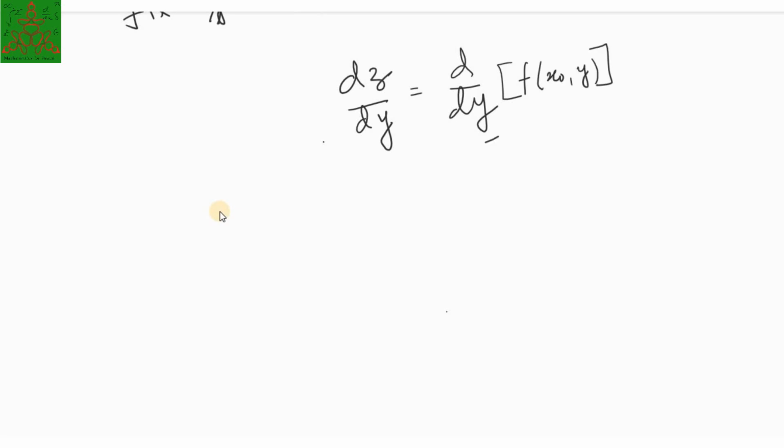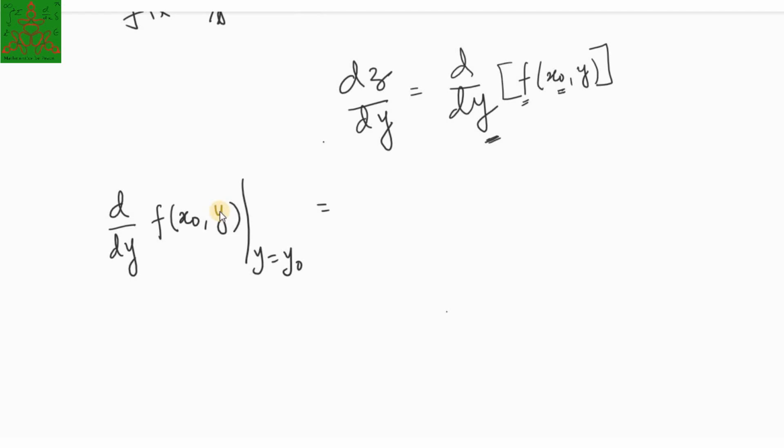This is the instantaneous rate of change of f with respect to y keeping x fixed, at the point y equal to y0. We know by definition it is a rate of change.